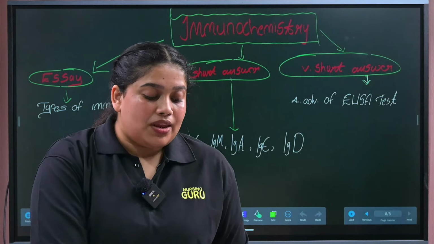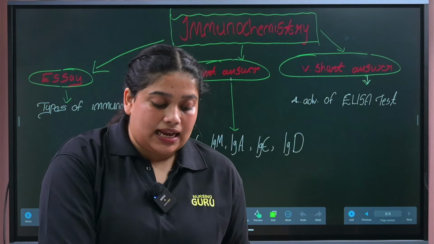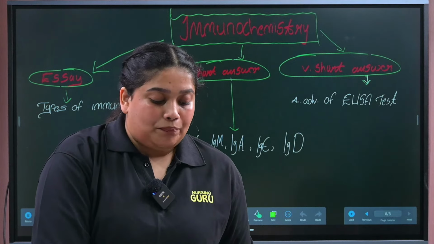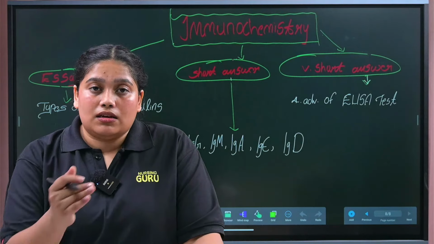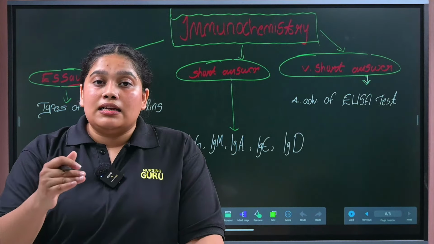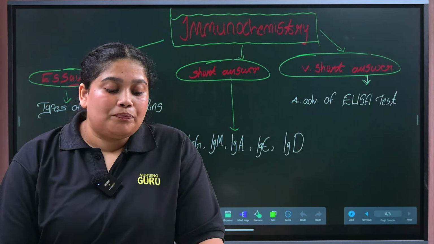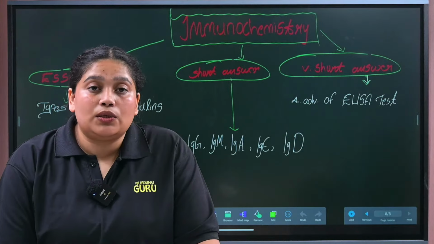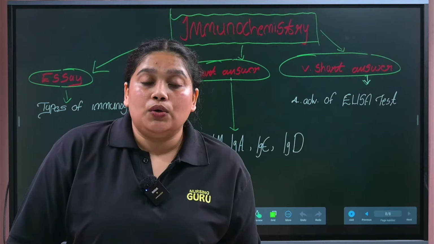There are mainly IgG, IgM, IgA, IgD and IgE. Okay, and the structure. You have to name each immunoglobulin and write down separate functions, structures and the properties. Okay, then only you will get the complete score for the immunoglobulin question.